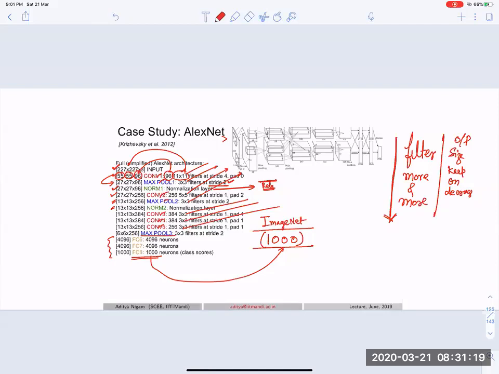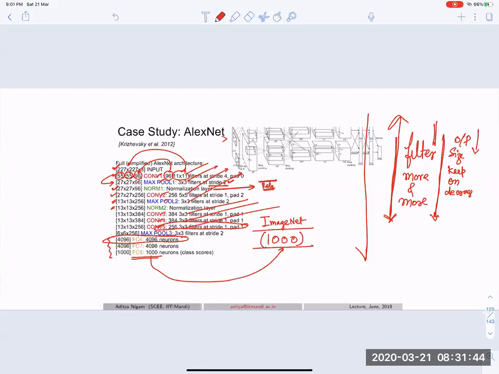So the output size keeps decreasing and the filters keep increasing. At some point your size becomes very small, and you need to open them up. That's the flattening that we used to do.